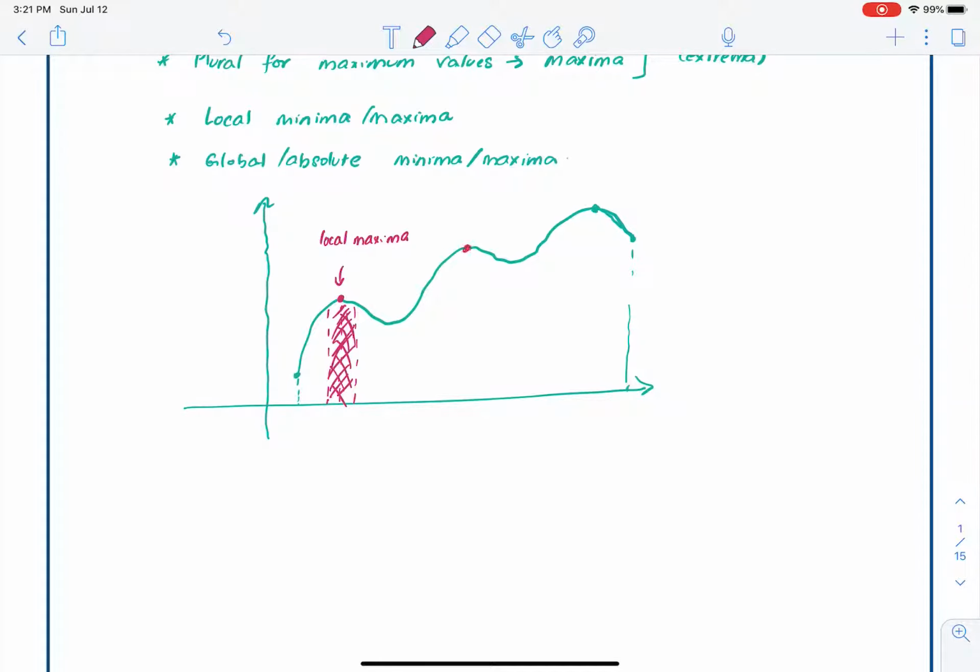Same argument applies here. We have a large value, but that particular value is the largest on that shaded interval. So the interval was right there on the x-axis, so that would also be a local maximum. Now I have a third point here.